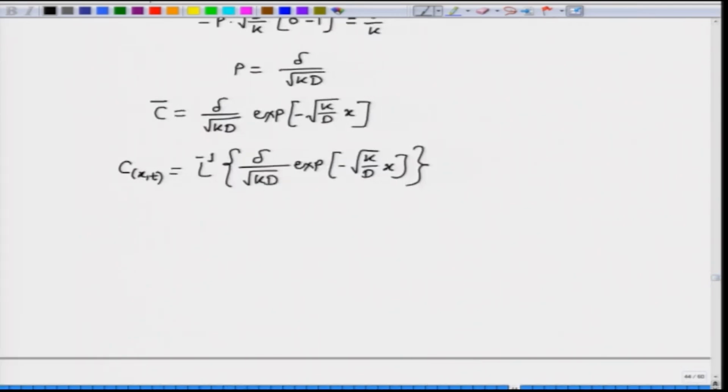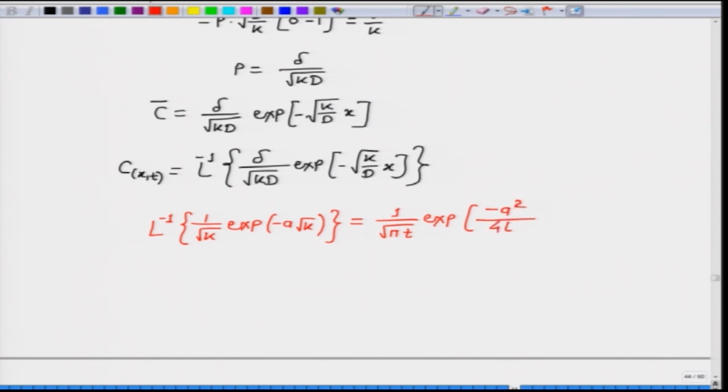Now, we have studied before L inverse of 1 by root k exponential minus a root k should be equal to 1 by root pi t exponential minus a square by 4t, where a is a constant.